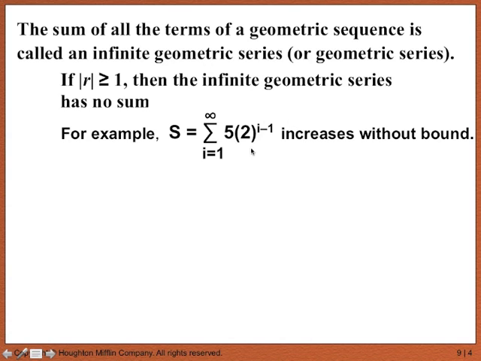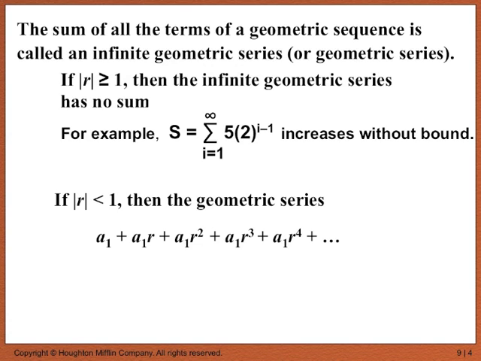This should illustrate why, when the absolute value of r is greater than or equal to 1, the particular geometric series increases without bound. Now, what happens if the absolute value of r, the common ratio, is less than 1?